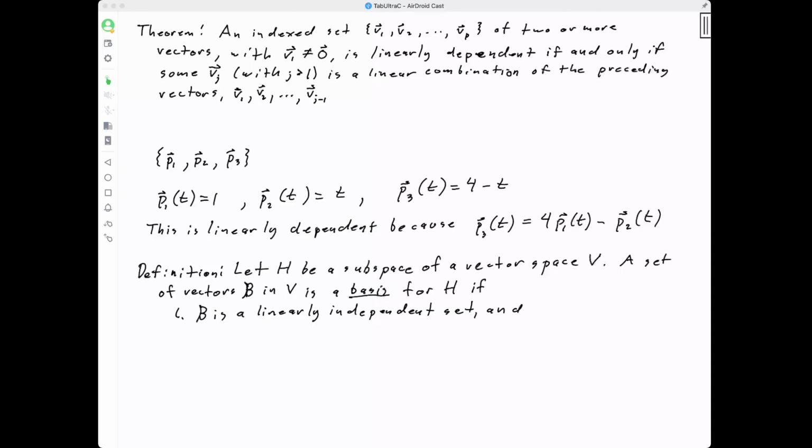And second, the subspace spanned by B is all of H. So if you've got a set of vectors that are linearly independent and their span is the whole vector space that you're interested in, then we call that a basis for that vector space.